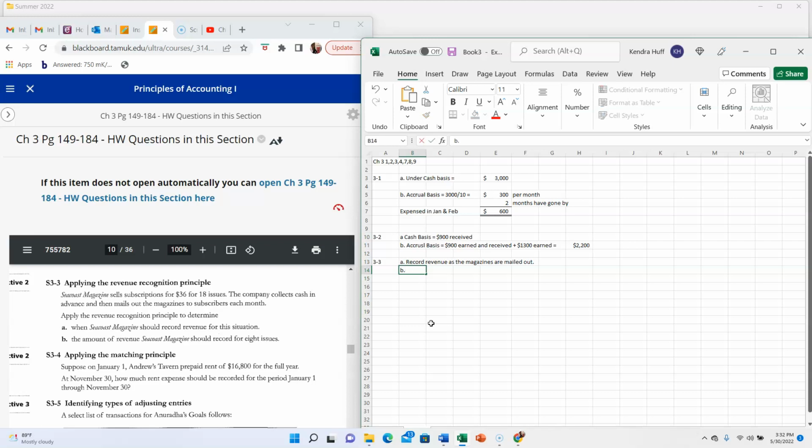All right, so you got $36 for 18 issues. So that's $2 per issue. So then we have 8 issues. Multiply that out, and it's $16 revenue for 8 issues.